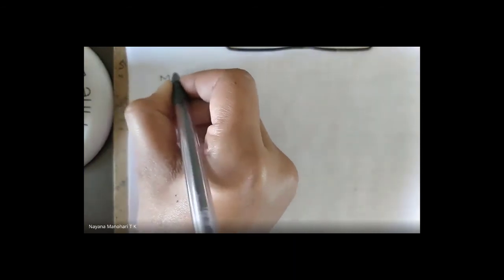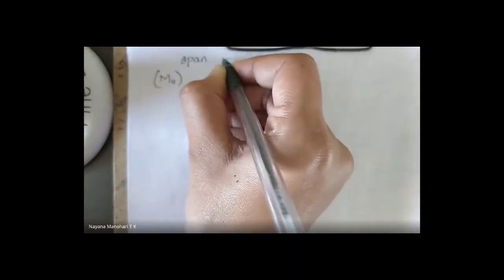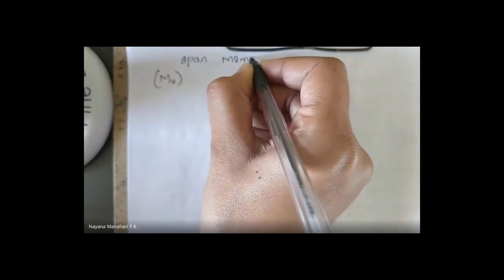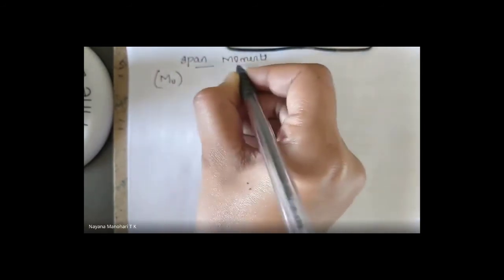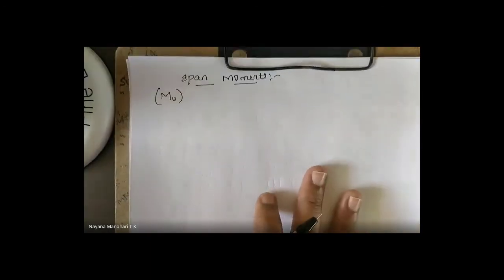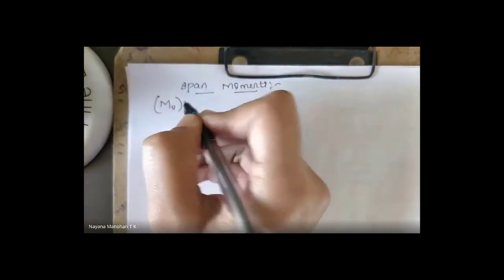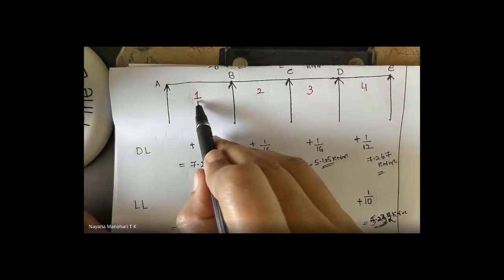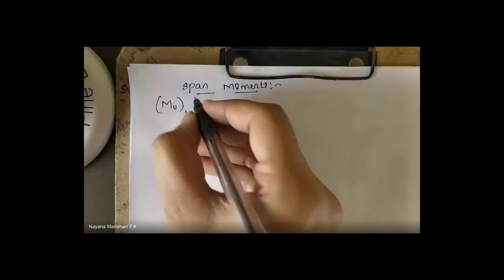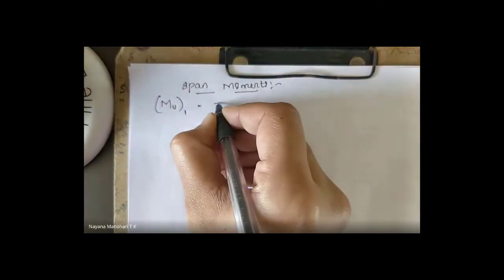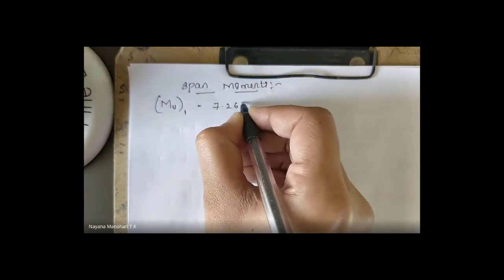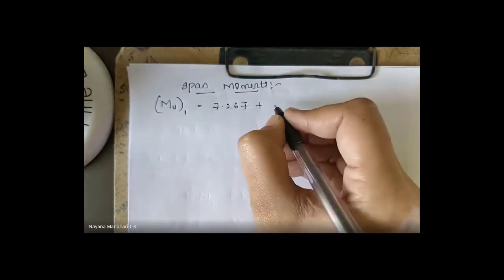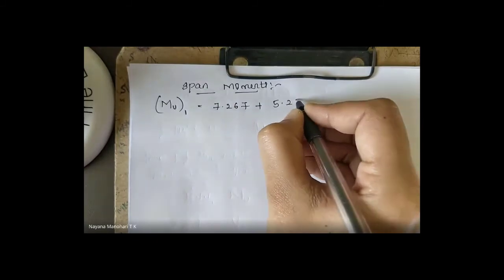That is what? Mu, write down your span moments. Span moments. Mu at first span. See here, mu at 1. Add both the dead load and live load moment. That is 7.267 plus 5.232.